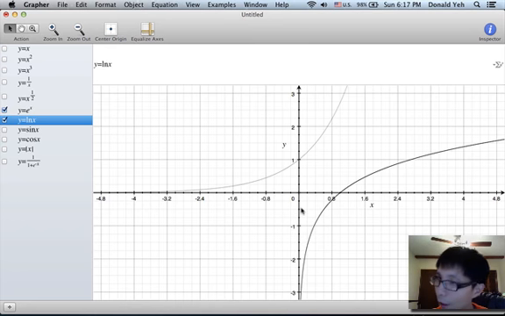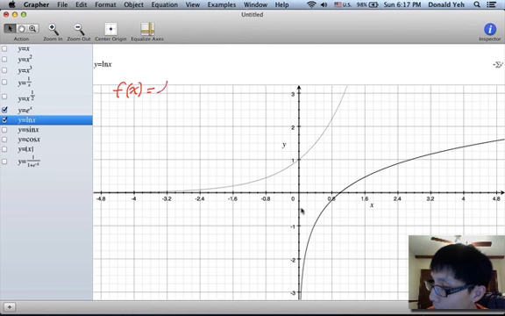And you say, okay, what is special about natural log of x? First of all, for f of x, the domain is actually from 0 to infinity, because you don't see anything on the left side of the graph.